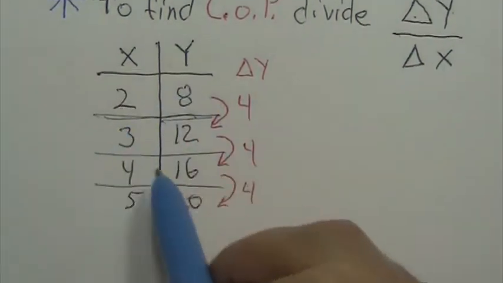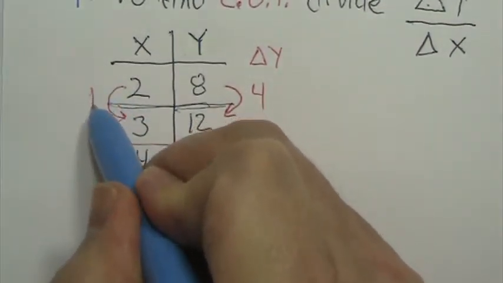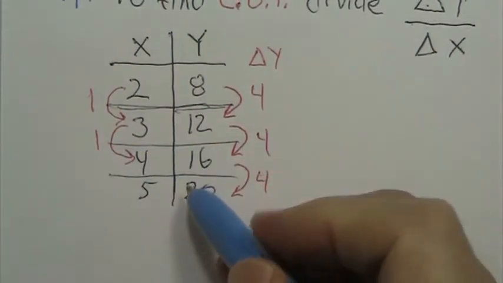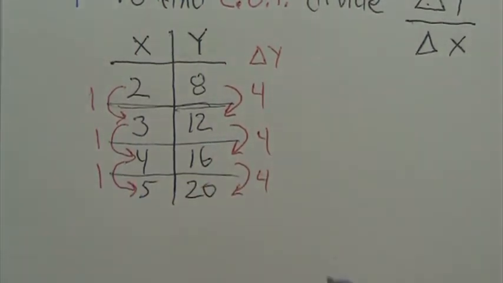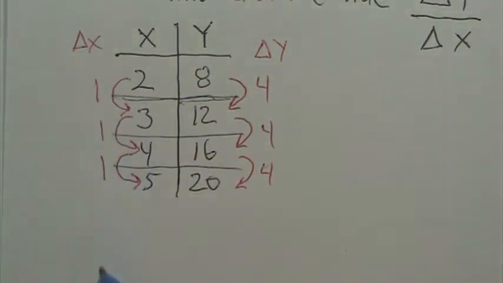Now let's look at the x's. To go from 2 to 3, it just changed by 1. 3 to 4, 1. 4 to 5, 1. Just went up by 1. So the change of x is just 1.